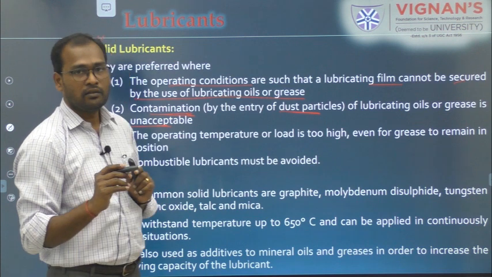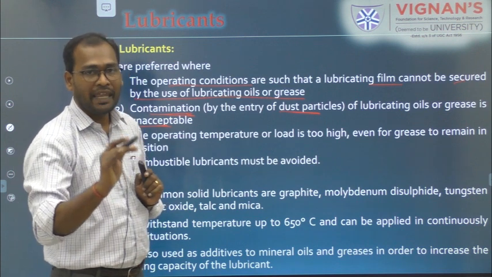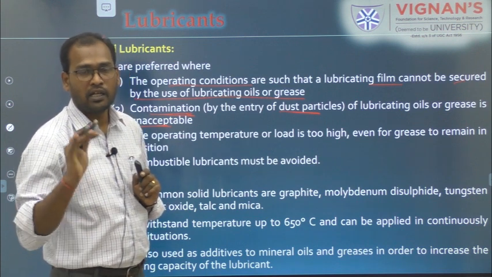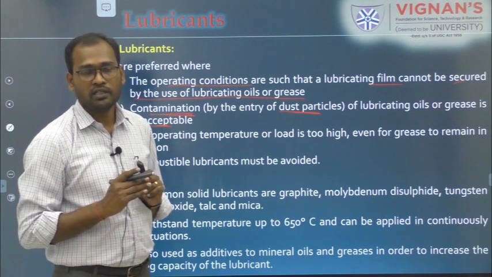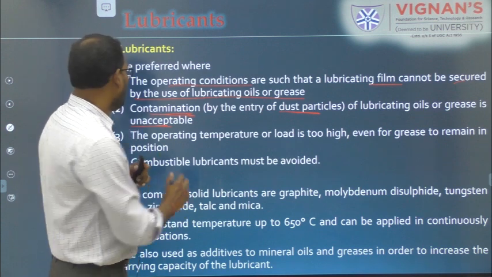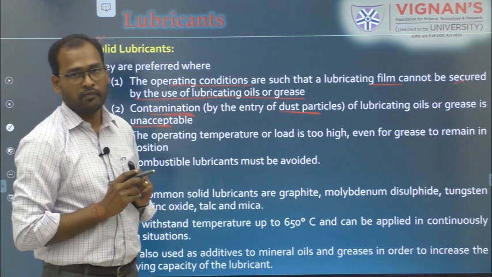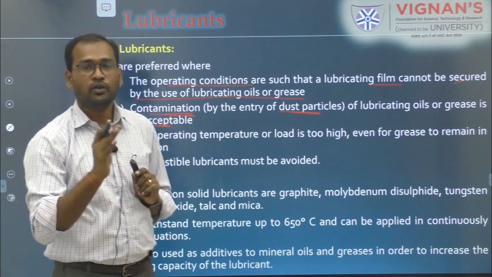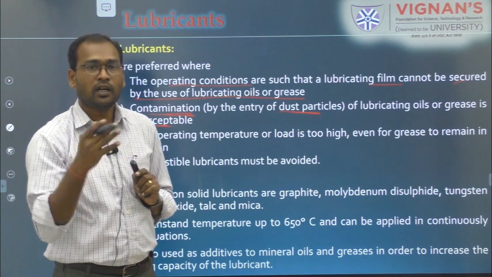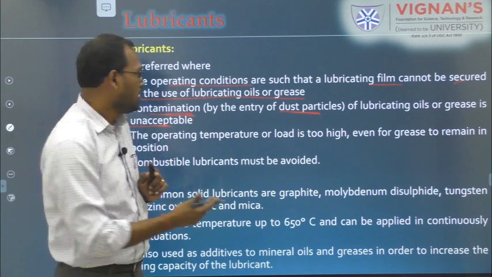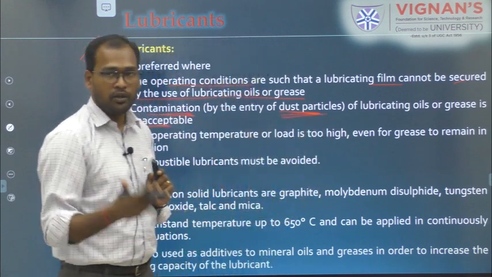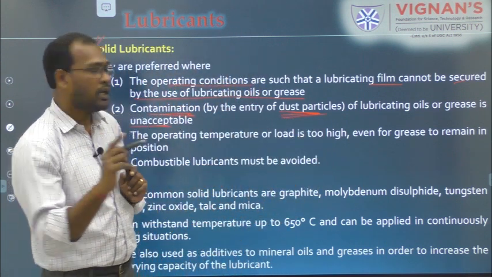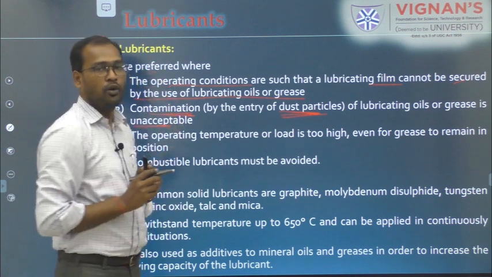So whenever you don't want any dust material or any other corrosion inducing material to enter the material surface, at that point we can use solid lubricants. Whenever you don't want corrosion inducing materials like dust particles or dirt in the lubricating oil or grease, then you can use solid lubricants.